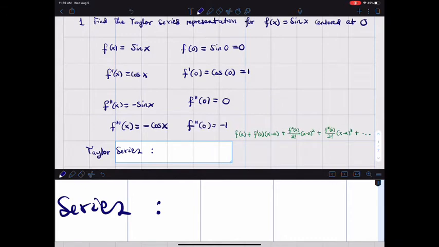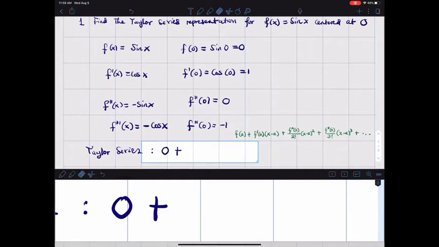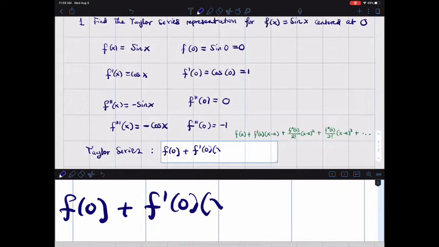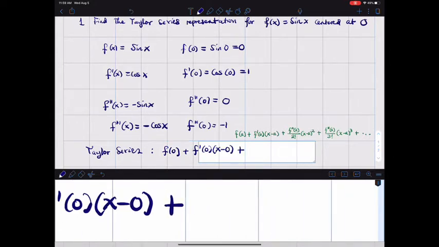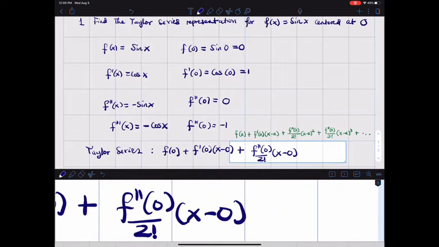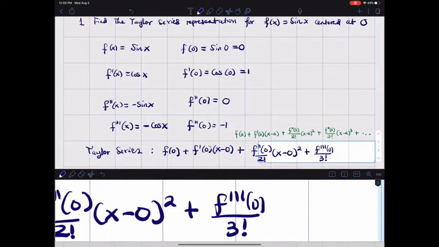We will need f of 0 plus f prime at 0 times x minus 0 plus f double prime at 0 over 2 factorial times x minus 0 squared plus f triple prime at 0 over 3 factorial times x minus 0 cubed, and so forth.